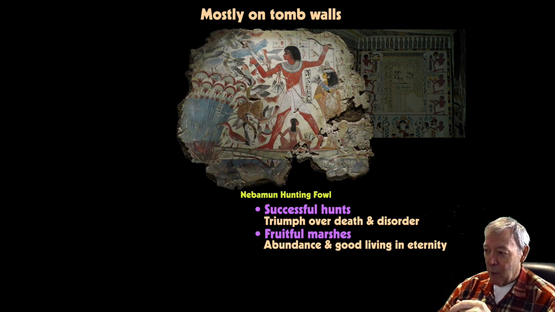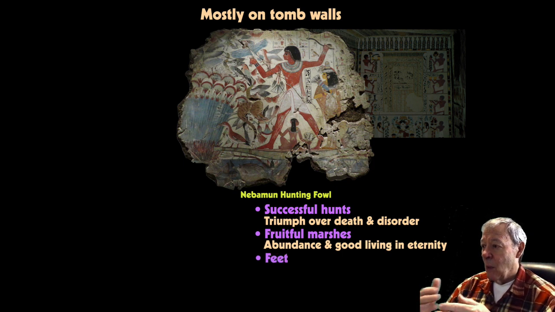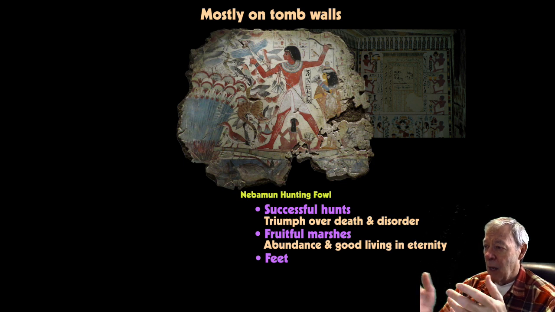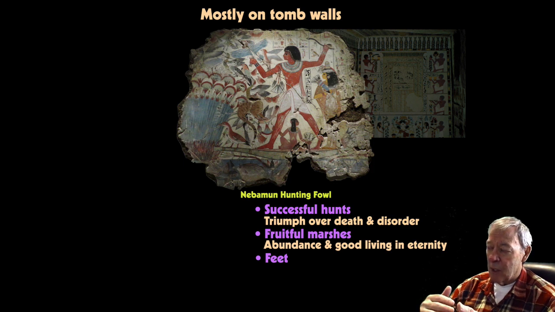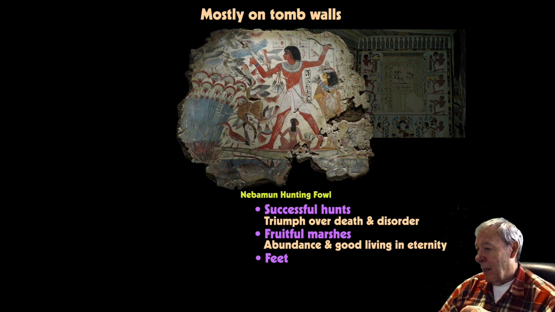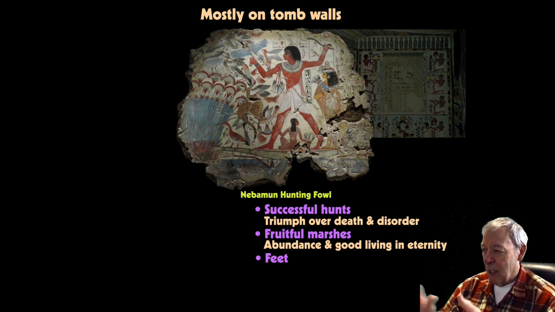And then one other thing I wanted to mention here is about the position of the feet. Notice that the position of the wife's feet and the position of the husband's feet are very different. When you look at feet in Egyptian art, both relief sculptures and painting, you'll see that the distance apart that the feet are placed is significant.